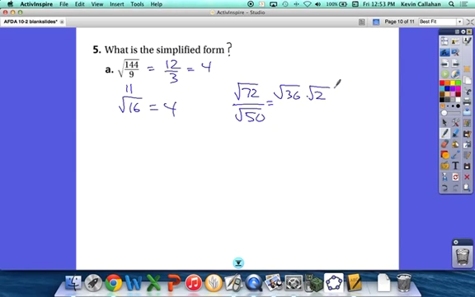How can we break 50 into two factors, one of which is a perfect square? Kayleen? 25 times 2, right? So we would say that's the square root of 25 times the square root of 2. And now these square roots of 2, that's just like simplifying a fraction. Divide out a common factor. And then the square root of 36 over the square root of 25 is 6/5.